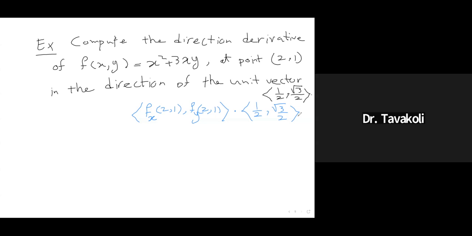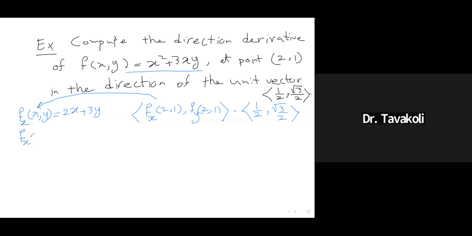To compute these two, I need to find the partial derivative with respect to x at any (x, y). Knowing that f of x and y is x squared plus 3xy, the partial derivative with respect to x is 2x plus 3y.